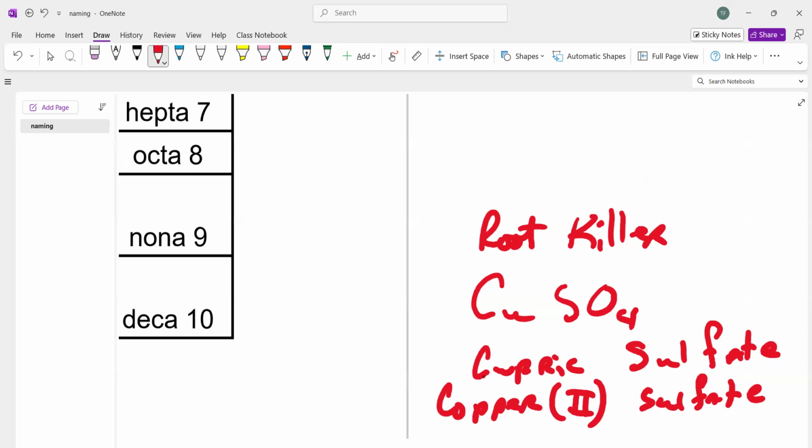I don't know why they'll only teach copper-2. So on your dry lab, you're not going to see any of the -ics and the -ous's. You're only going to see the copper-2s and the copper-1s, etc. And I don't know what the justification is for that. I teach it anyway. It's on my common ion chart that I just passed out today. I think it's important for you to know what these are. Real important.